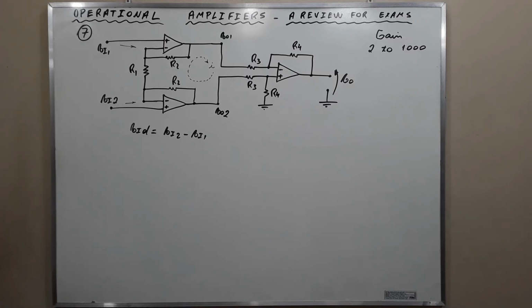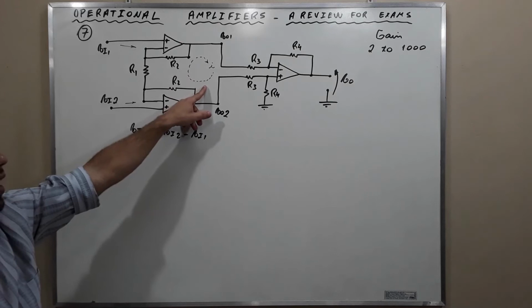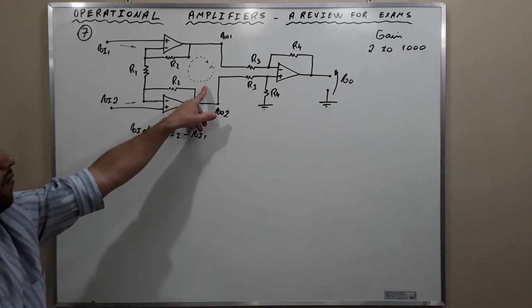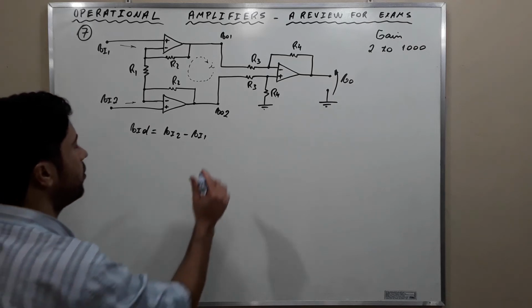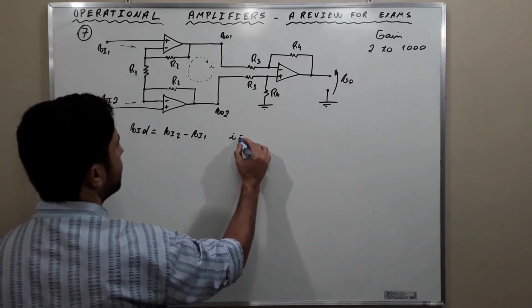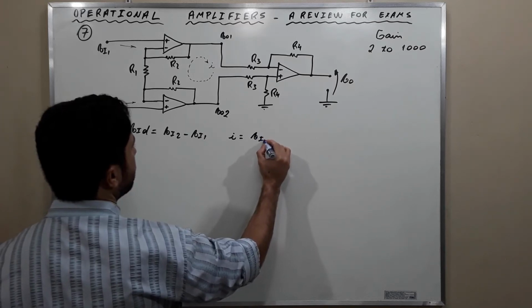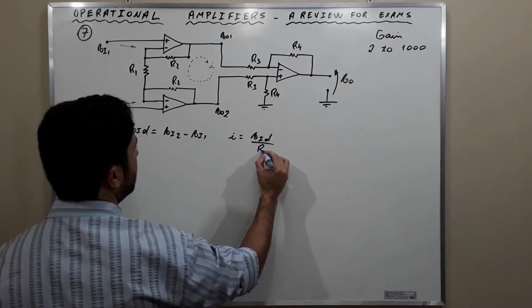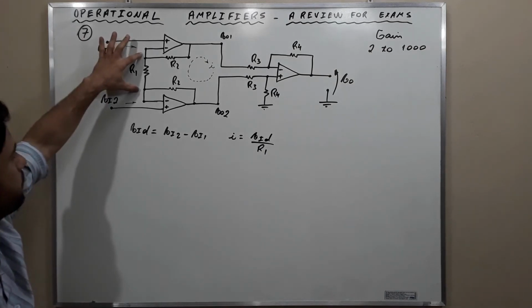The current flowing through R1 is, there's going to be a current here. The value of this current I is VID divided by R1.